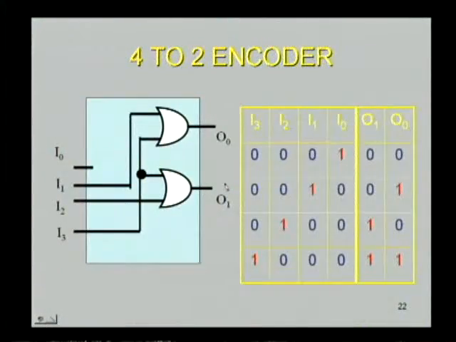Now in the absence of all inputs, that is when I0, I1, I2 and I3 inputs are 0, the output of the OR gate will be 0. When this input active control signal is 0, the output code present at the output of this encoder is invalid. We see that in the next slide.